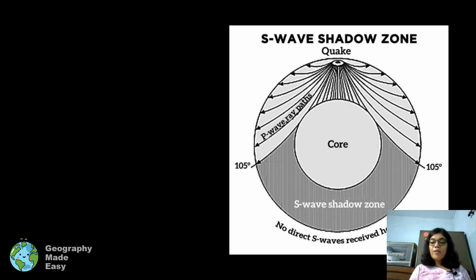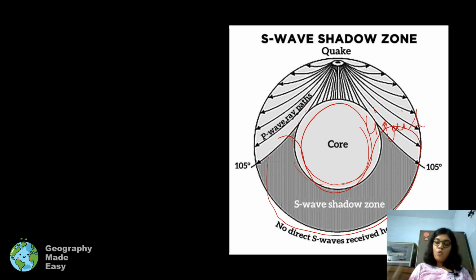So the S wave shadow zone is actually very large, because the outer core, which is actually liquid, the earthquake waves cannot enter that, so the entire core acts as a shadow area for the S waves.